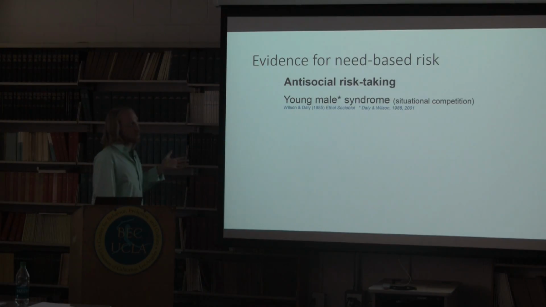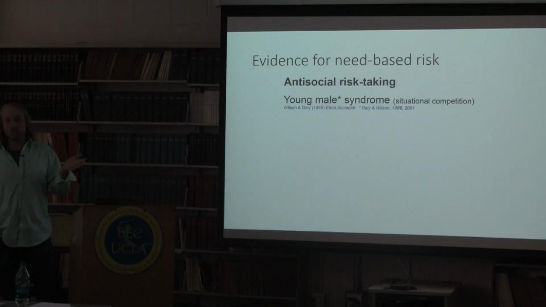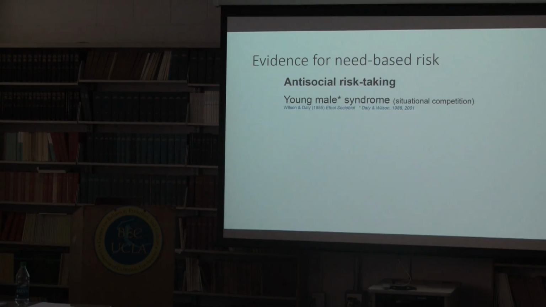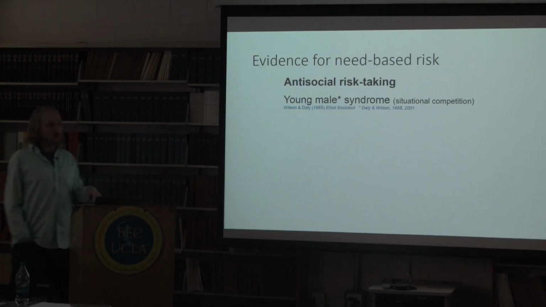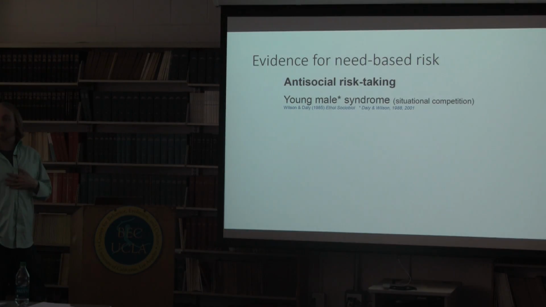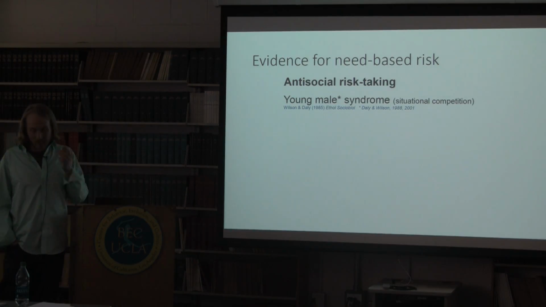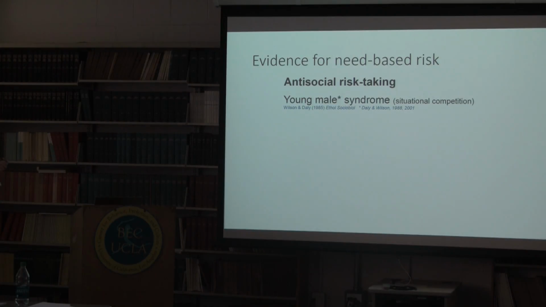This can be explained by, young human men are going through the life history stage associated with the most intense levels of competition for reproductive access. There's a whole body of theory that very much is a need-based story about why we see these kinds of demographic patterns with homicide and lots of other forms of risk-taking being concentrated in young men. I put the little asterisk there because it's not necessarily about youth.